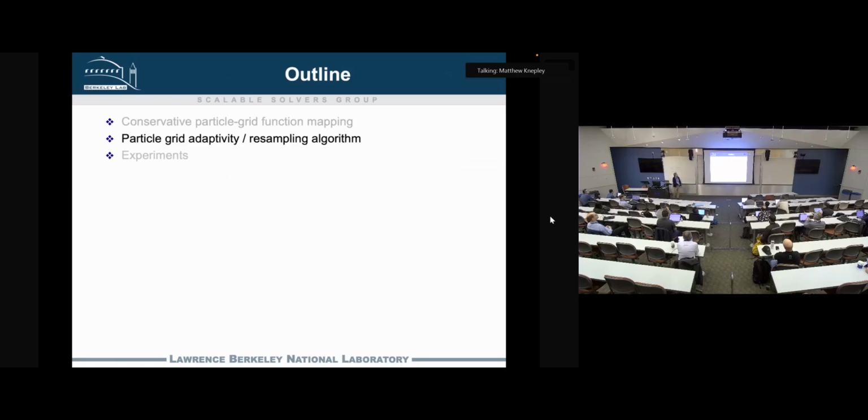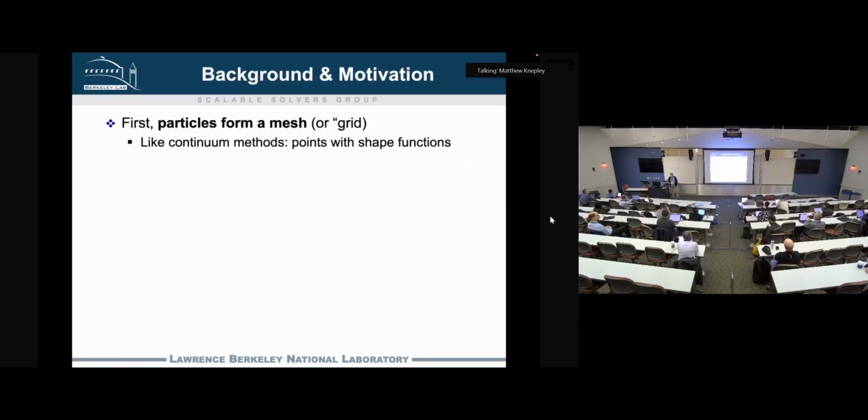Okay, so with that, I can talk about the resampling algorithm. So first, let me emphasize some aspects of particle methods, which you may not think about. In a particle method, the particles are really the mesh. They have positions, they have weights, and shape functions associated with them.